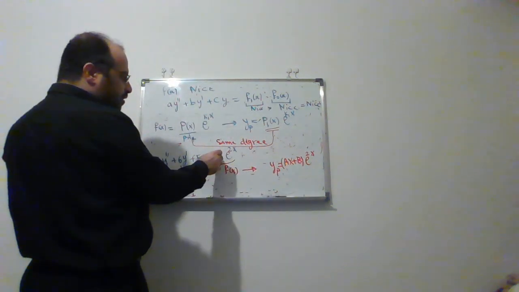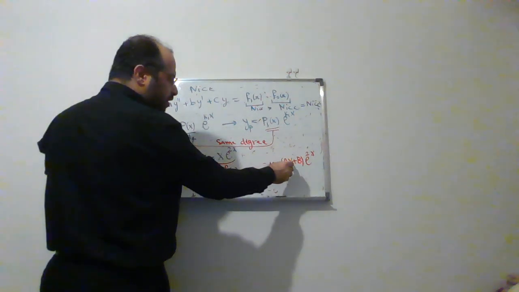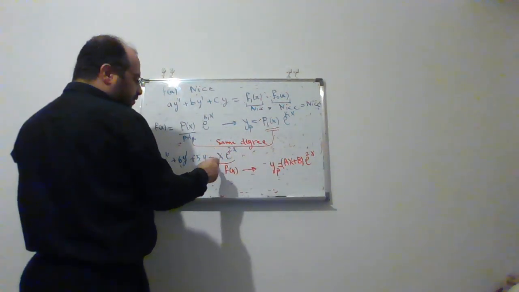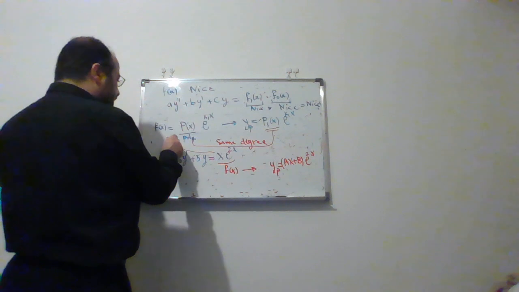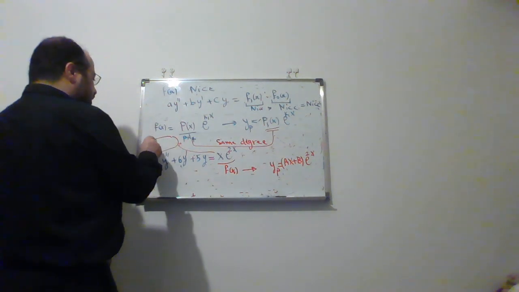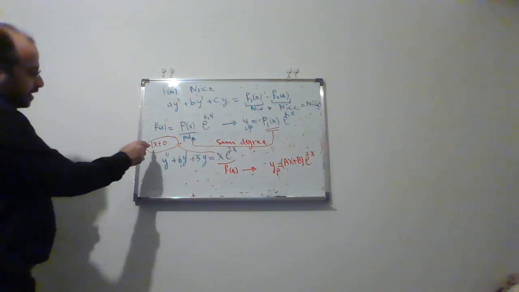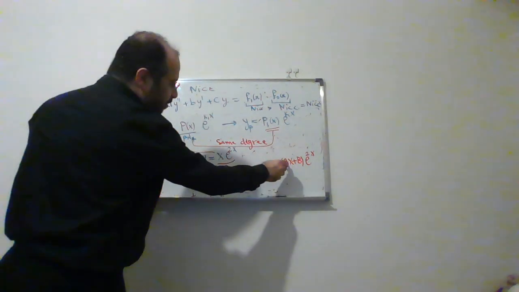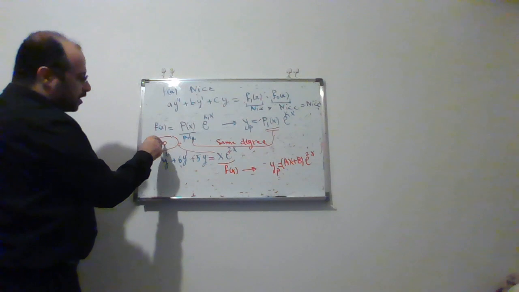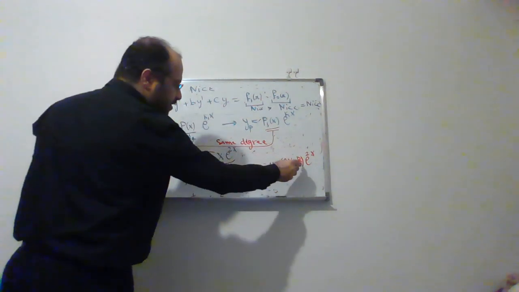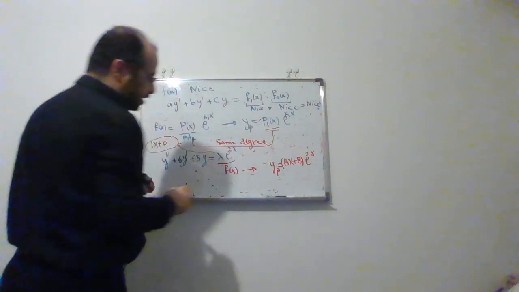This is a polynomial of degree 1. If you think about it, it is 1x plus 0, right? But I'm not sure what the right coefficients are, and for this reason I'm writing ax plus b.